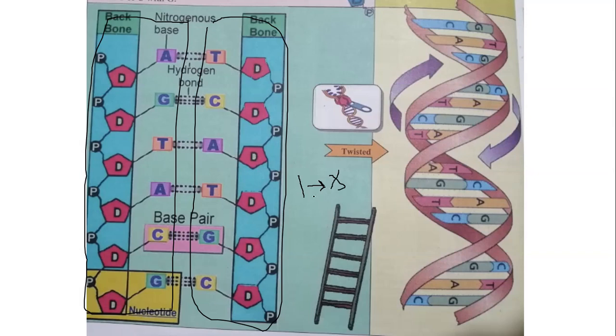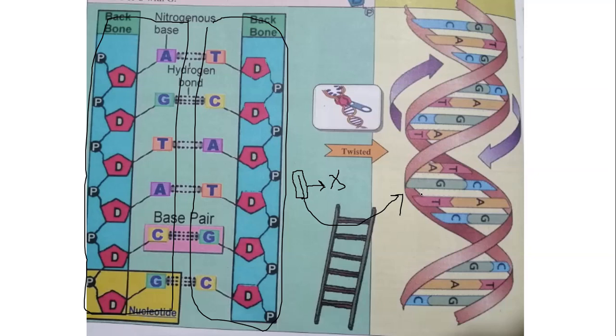This one chromatid is a double helix, or double helical twisted DNA. So the double helix DNA, the two strands of DNA, make up one chromatid.